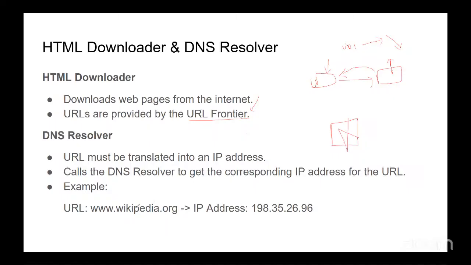Let's suppose you are crawling the wikipedia.org URL, it might have this IP address, right? And you know that IP addresses usually change, they do not remain static. This is something handled by the DNS resolver, so we do not need to worry about it. I highly recommend that you go through the DNS resolver session as well to get a better understanding of how this works.